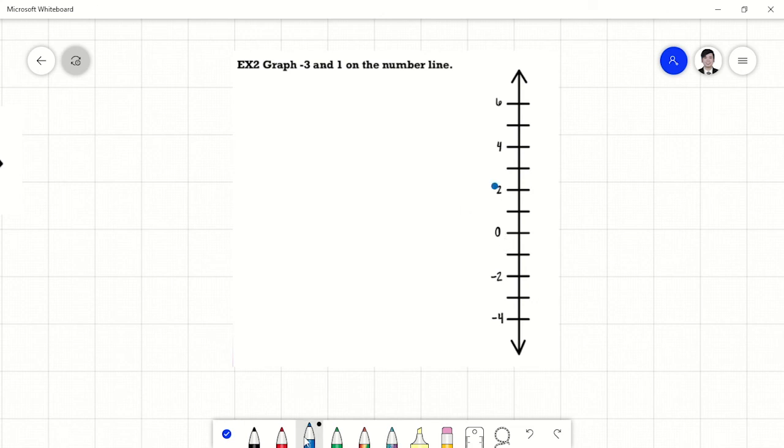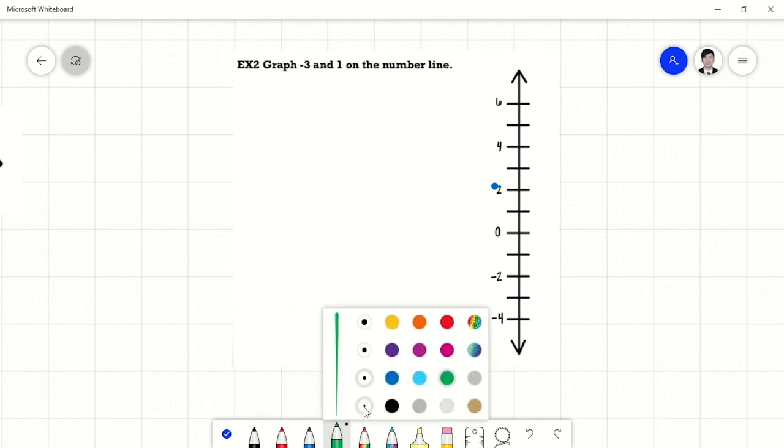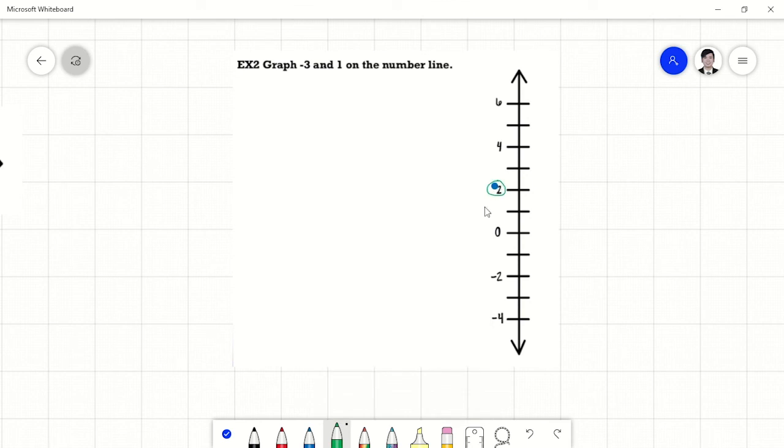In our case here, perhaps we can use 2. From 0 to 2, the distance would be 2. And if you notice, there are 2 spaces.